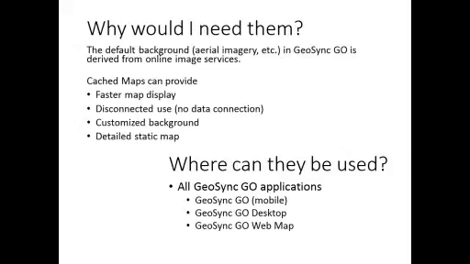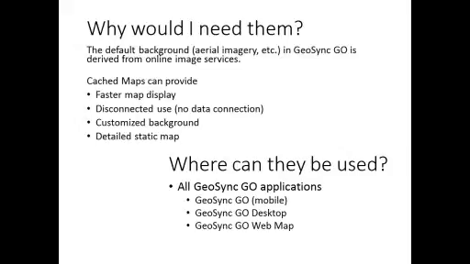Also, if you want to use GeoSyncGO Desktop or mobile in a disconnected situation where you basically have no internet connection, this will give you your background map, whereas you could not use the standard background imagery because you would have to be consuming those from an internet source.